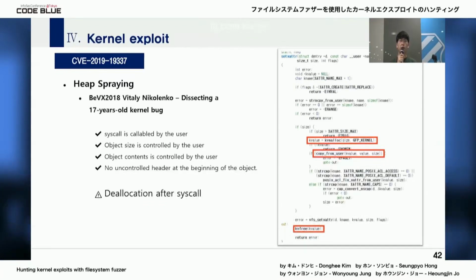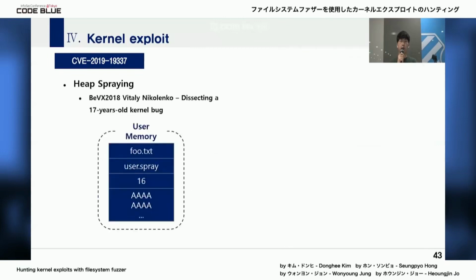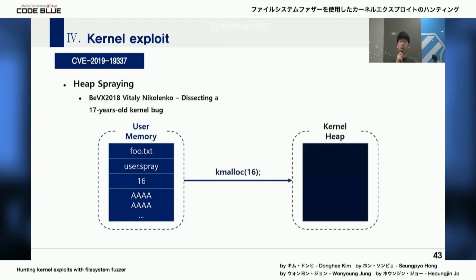However, when the syscall terminated, the allocated memory was freed, so heap spraying was not possible with the syscall alone. Typically, the minimum size of kernel memory allocated by the setxattr syscall is 16 bytes, which fits the spraying size we needed.